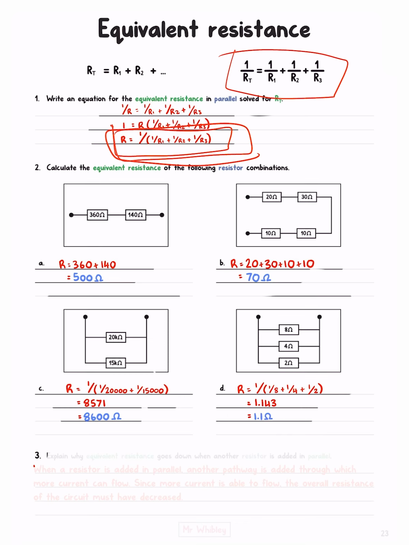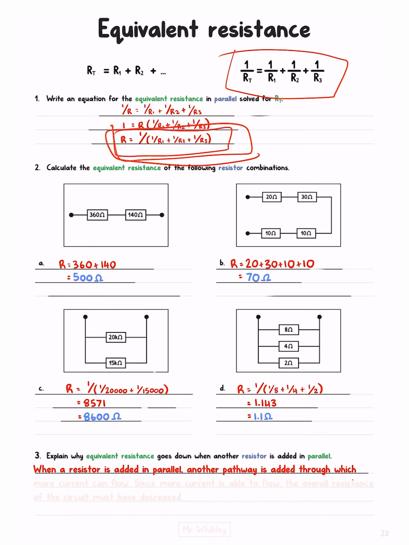Question 3. Explain why equivalent resistance goes down when another resistor is added in parallel. When a resistor is added in parallel, another pathway is added through which more current can flow. Since more current is able to flow, the overall resistance of the circuit must have decreased.